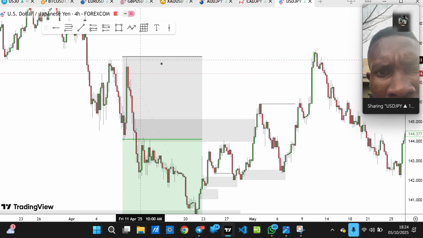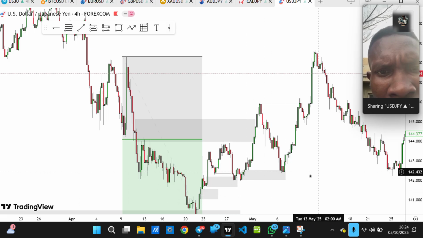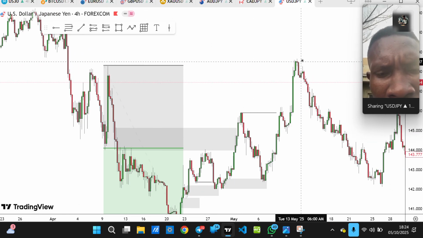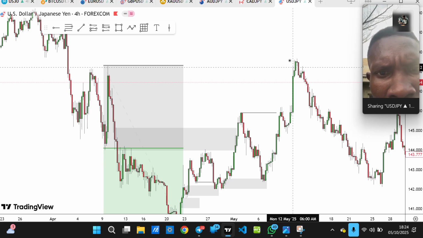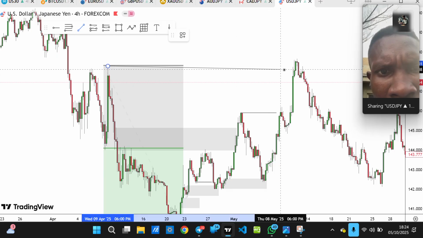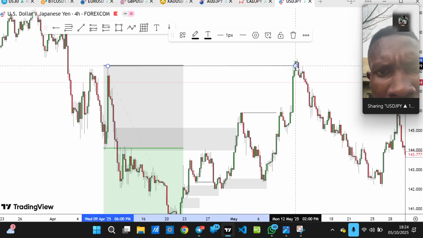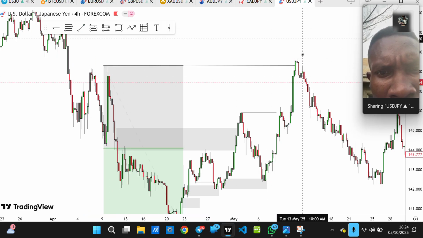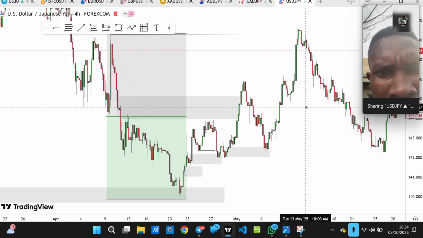And so we already had price come and take out this one. This one is more of a liquidity grab in this case. Okay, this is a liquidity grab, because why? We didn't continue the movement of price upward. But applying to this one, we are taking it little by little.